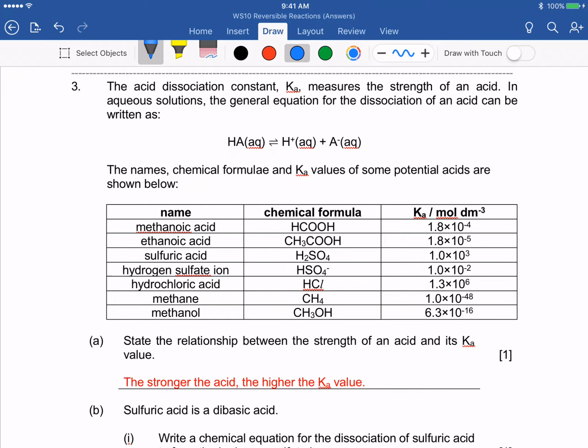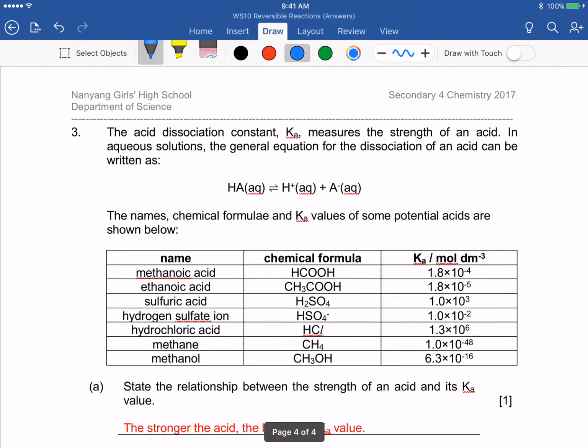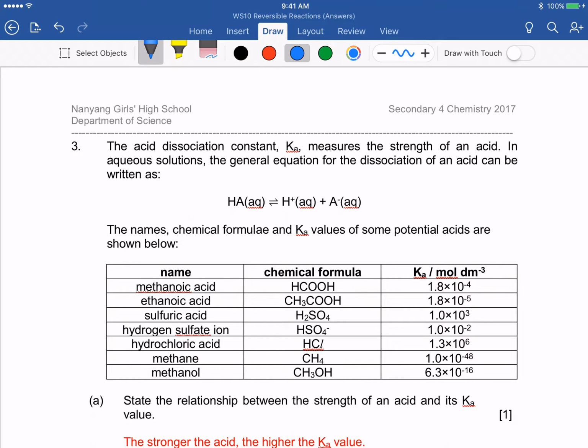3. The acid dissociation constant, Ka, measures the strength of an acid. In aqueous solution, the general equation is written like that. The name and the Ka are shown below. So what is the relationship between the strength of an acid and the Ka value?